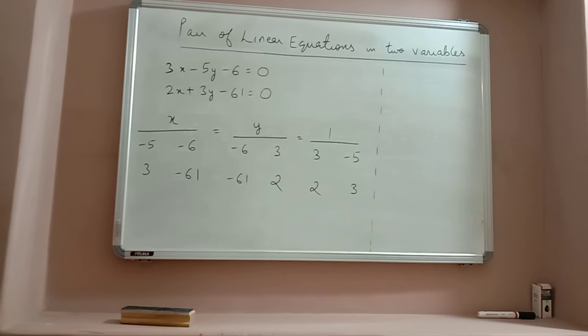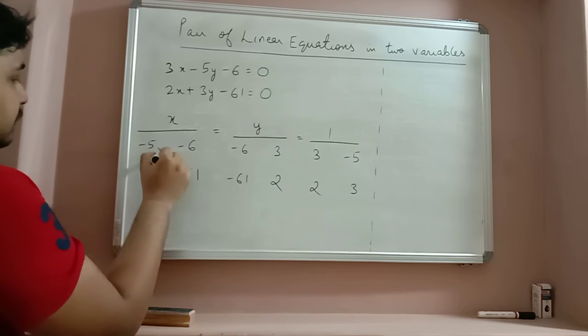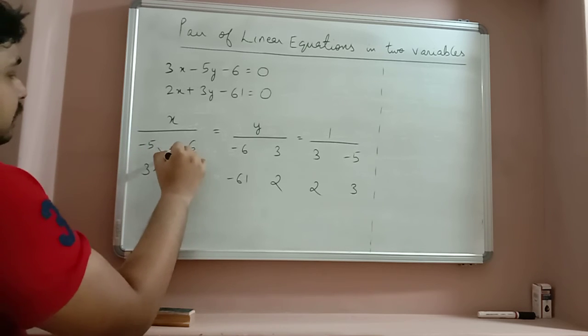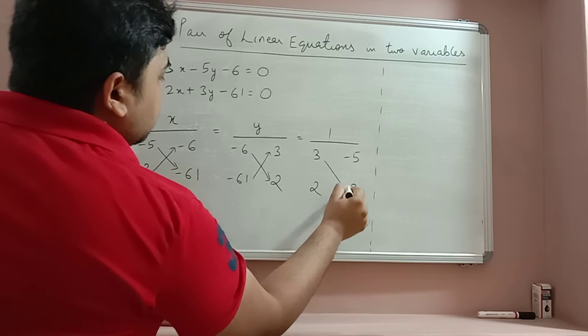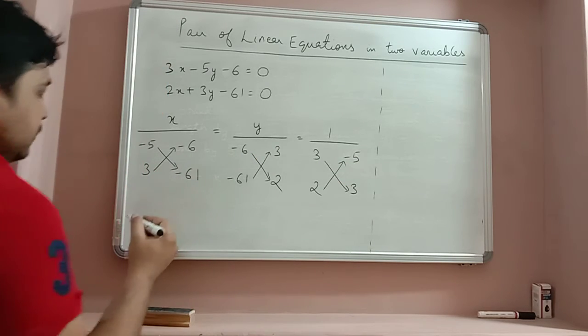Alright, so now we just need to cross multiply these numbers, as we did earlier.